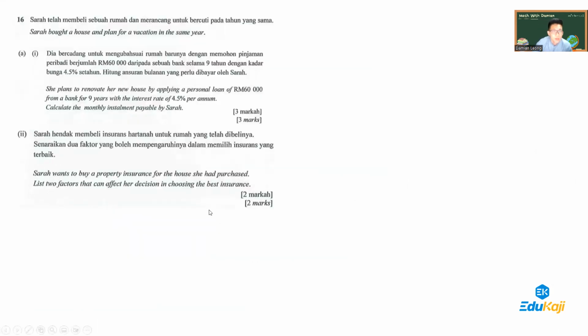Question 16. Sarah bought a house and planned for a vacation in the same year. She plans to renovate her new house by applying for a personal loan of 60,000 ringgit from a bank for 9 years with an interest rate of 4.5% per annum. I'm going to calculate the monthly installment payable by Sarah.